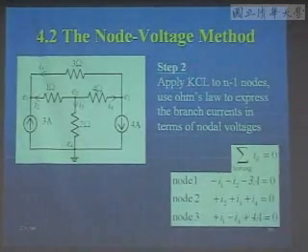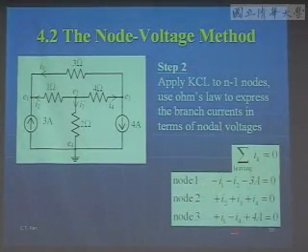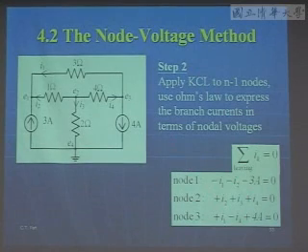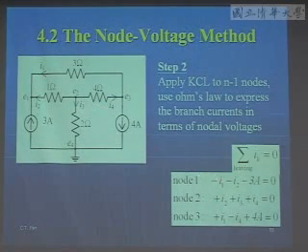To write KCL, we have to use the current. Okay. And next step, okay, we can express the branch current by using the component model. Okay, and here for resistors we use the Ohm's law. For current source, okay, their branch current are known, so there's no problem.